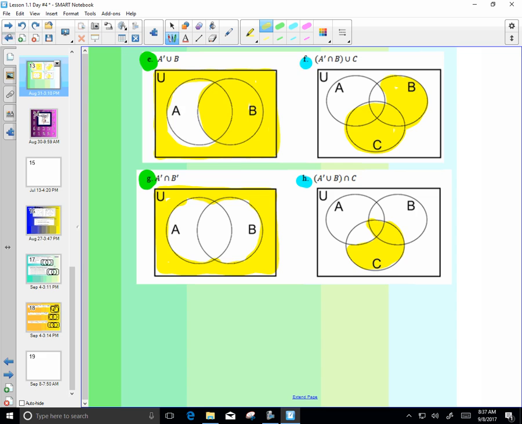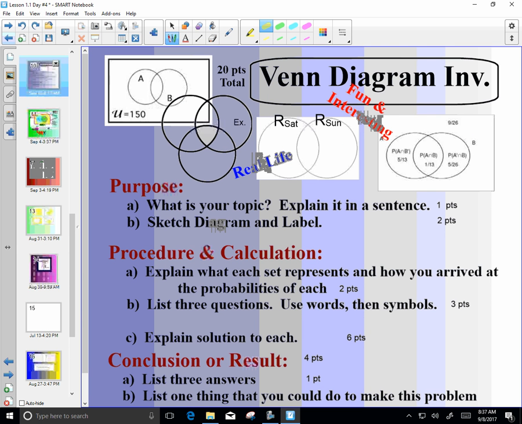But the reason I want you to do those problems is because on Monday we're going to be working on a Venn diagram invention that you're going to do. You're going to invent your own Venn diagram with 2 or 3, whatever you choose. If you want to push yourself, do 3. If you want to just do something kind of straightforward, do 2.